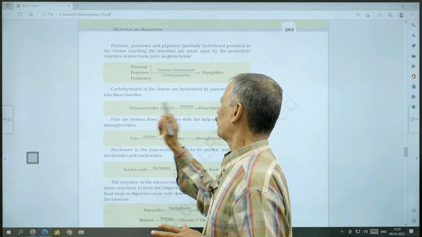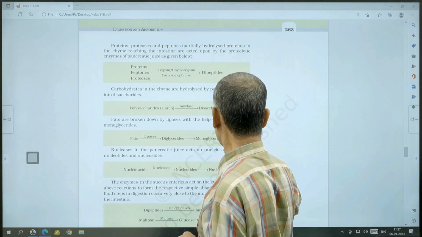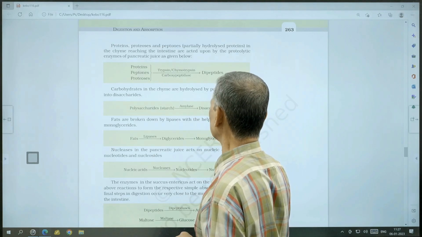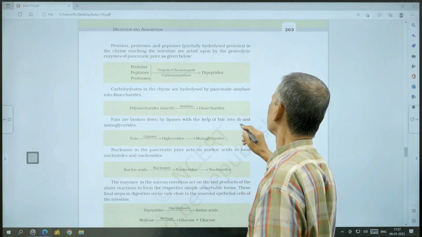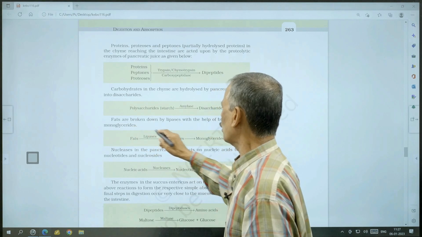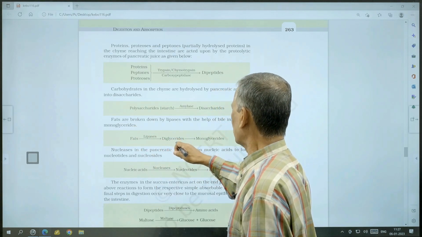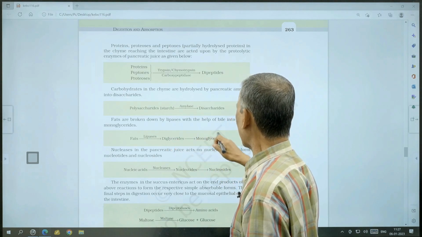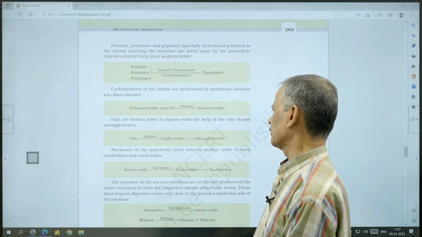And fats are broken down by lipases with the help of bile. That is what I told you. Bile helps in breaking fats into small-sized molecules, and then they are converted into di- and monoglycerides. Lipids are converted into diglycerides and then into monoglycerides with the help of enzymes called lipases.